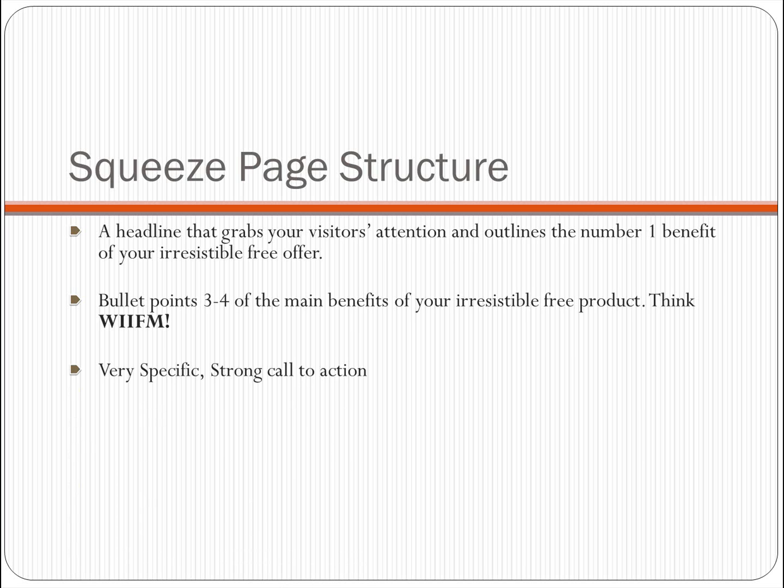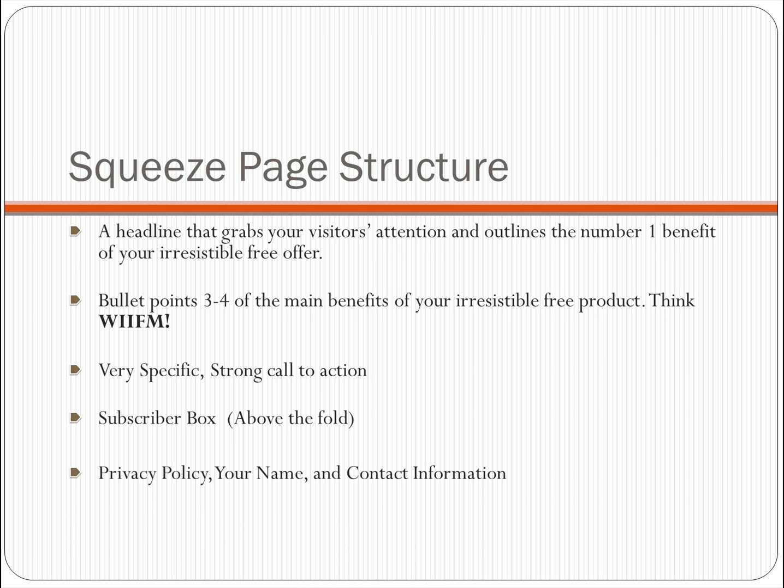Very specific, strong call to action. We'll be talking about that in just a second. A subscriber box above the fold, so when they show up to your page, they see it right away. A privacy policy, your name and contact information. I told you about one link that you're going to want to put there, and that's going to be to your privacy policy. Make sure that it opens up in a new window so that they can click off it if they decide to look at it and read it.